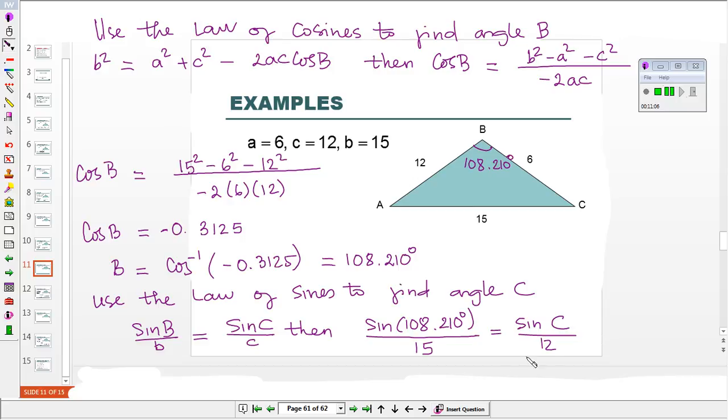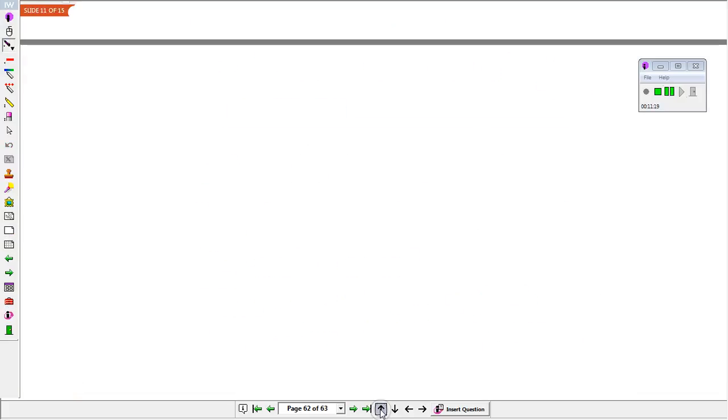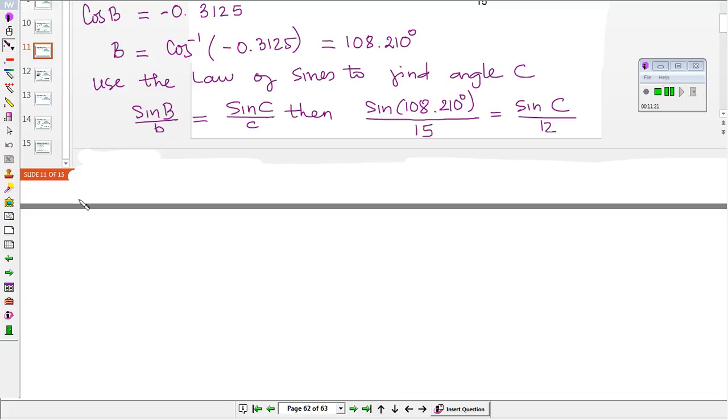Now we go ahead and cross multiply. Then sine of the angle C is 12 times sine of 108.210 degrees divided by 15.